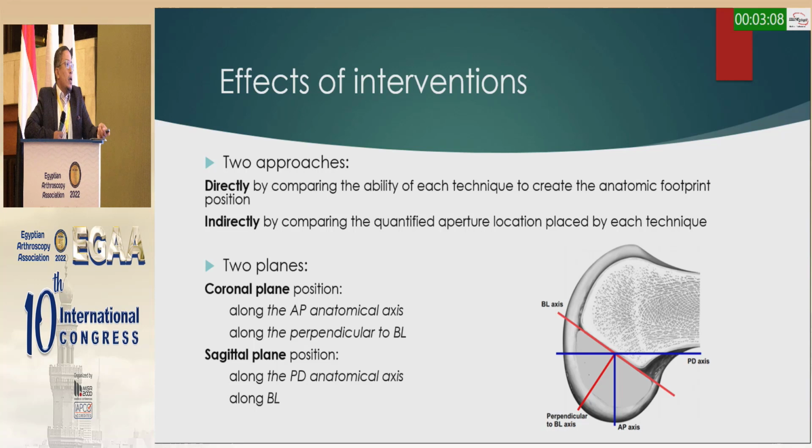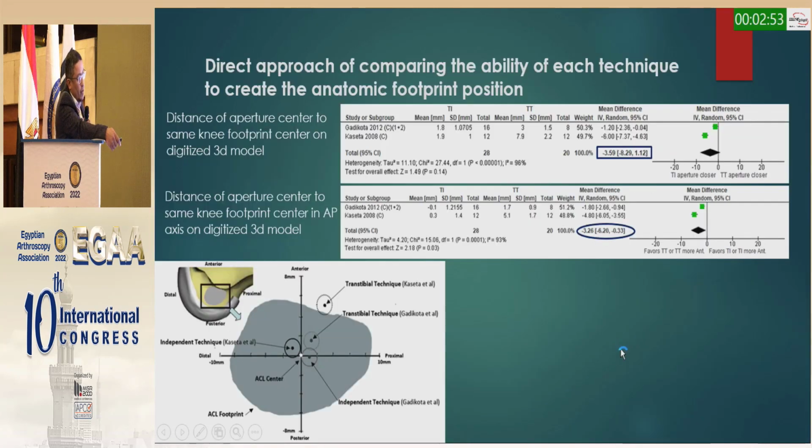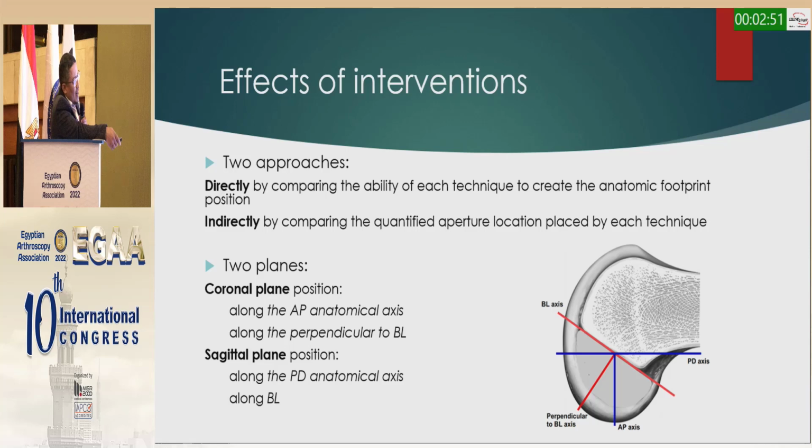We defined the coronal plane position as either perpendicular to the Blumensaat line or along the anteroposterior axis. And we defined the sagittal plane position either along the proximal distal axis or along the Blumensaat line. So these are our definitions which we will use all through the review.